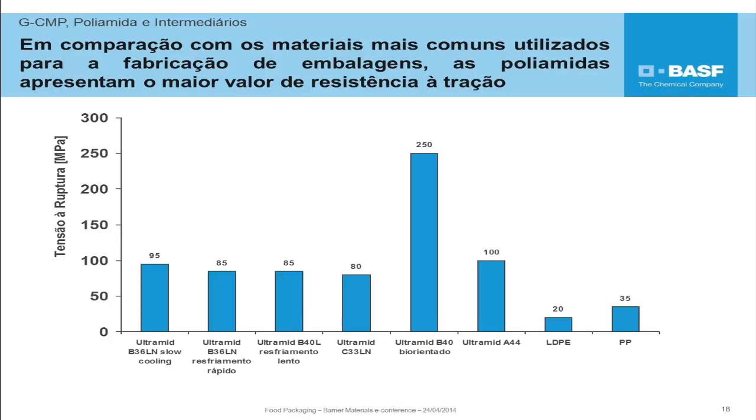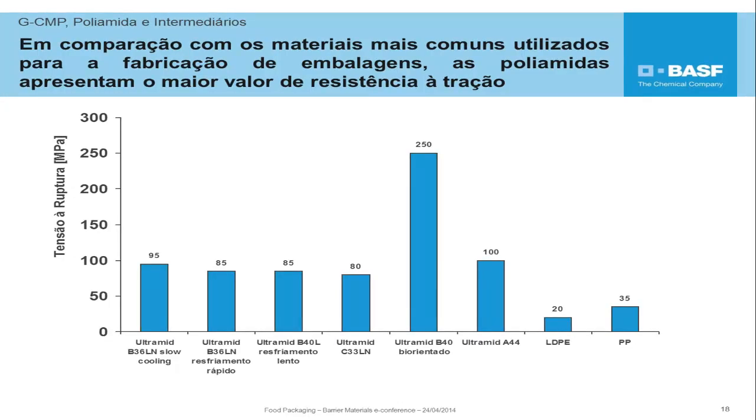If we compare the bi-oriented homopolymer against other bi-oriented materials, for example polyester, the difference in favor of the polyamide's mechanical properties is significant in relation to other bi-oriented materials.